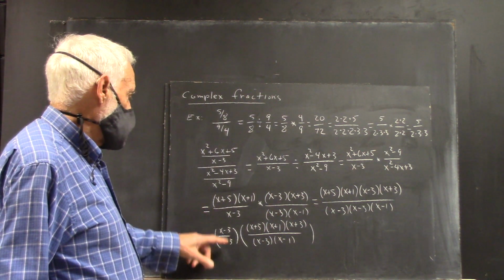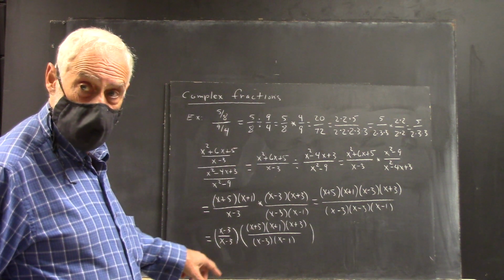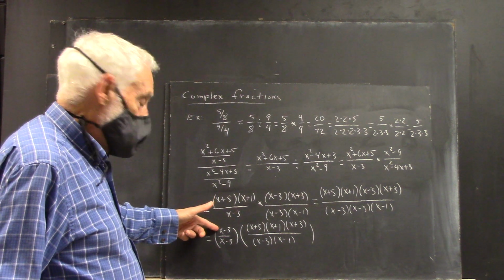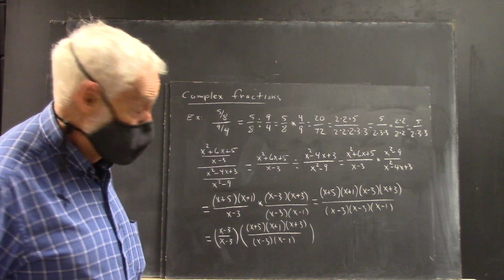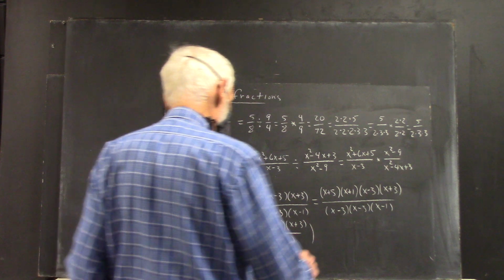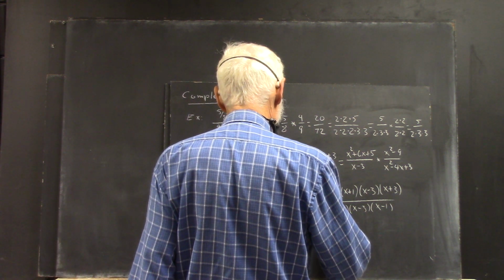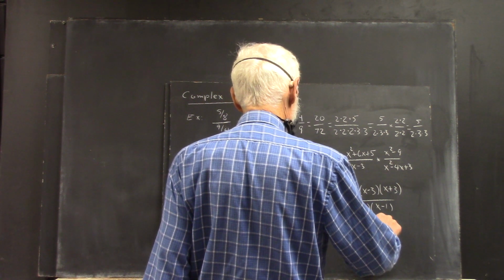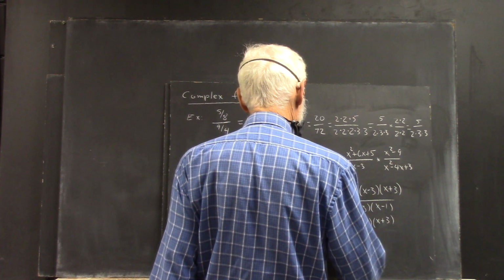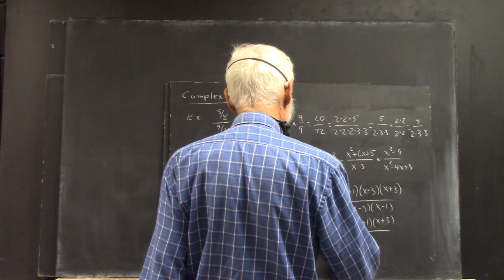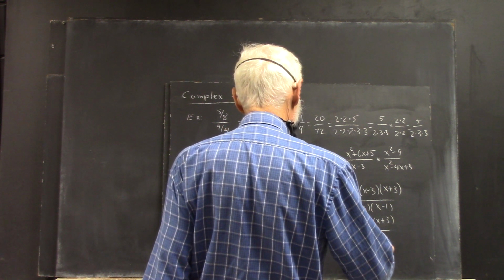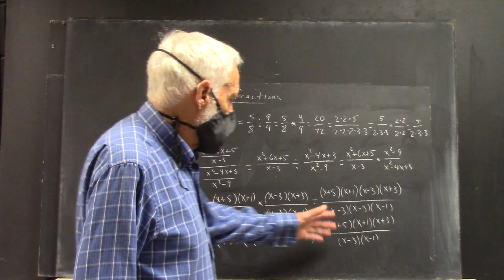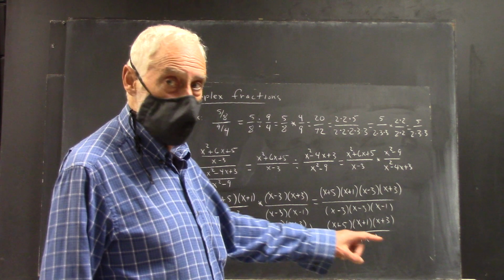Now the x minus 3 over x minus 3 divides out, gives us 1. Again, no matter what the value of x, the numerator is going to have the same value as the denominator. So it's going to equal 1. So now this is x plus 5 times x plus 1 times x plus 3 over x minus 3 times x minus 1. There are no remaining common factors. This is your factored form.